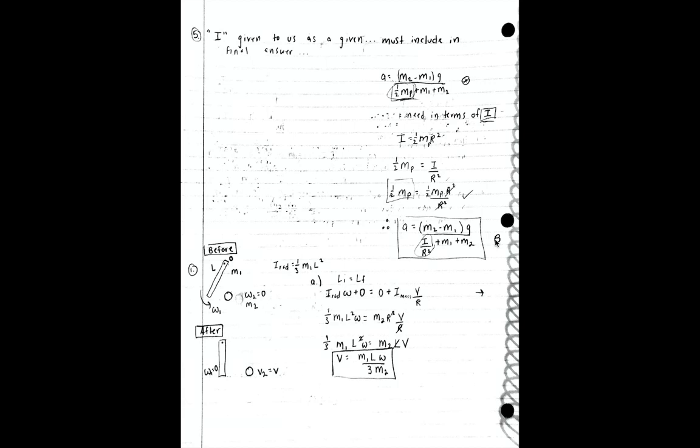So we have 0 plus I of the point particle. We need to find V, so for omega, we're going to plug in V over R. I of the rod, we're told, is 1/3 m1 times L squared, so we plug that in.